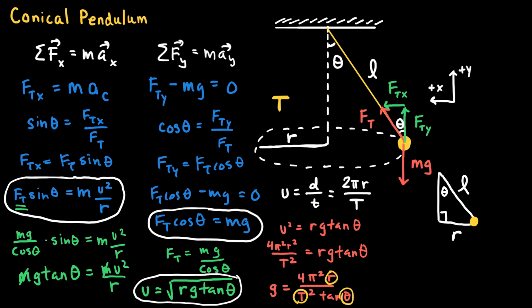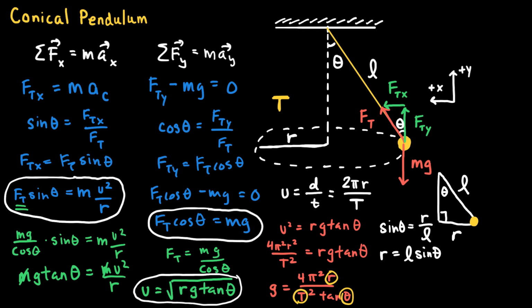And the reason why that is important is because I could express r in terms of L and theta. In this triangle, I happen to know that the sine of theta is equal to the opposite side, which is r, over the hypotenuse, which is L. And this means that r is equal to L sine theta.